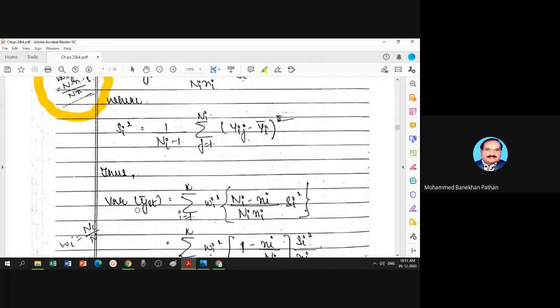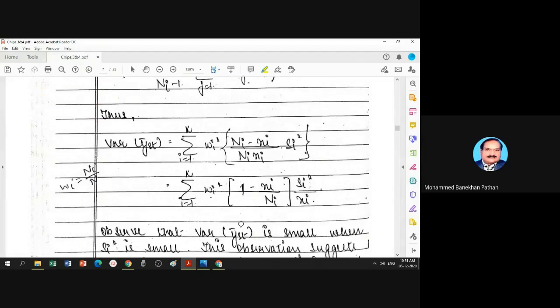Therefore, I get variance of y bar st equals summation i=1 to k Wi square times the variance of y bar i. We can simplify this a little bit. Take small ni separately. Capital Ni minus small ni divided by capital Ni is like this.